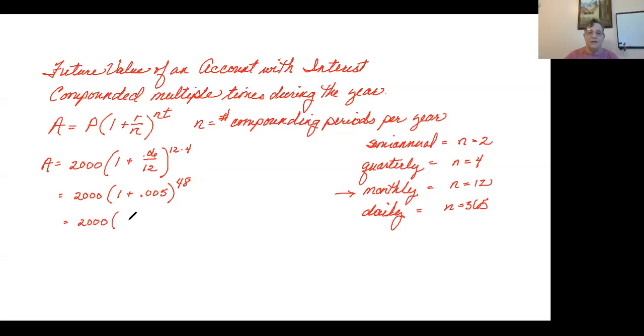So we've got 2,000 times 1.005 raised to the 48. So if you were in hopes that you could just do this by hand and not fool with getting a calculator, I think those hopes have just been put to bed.